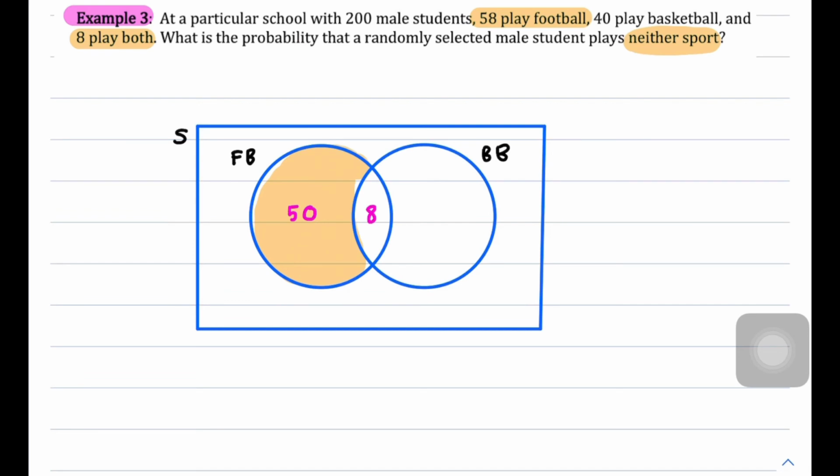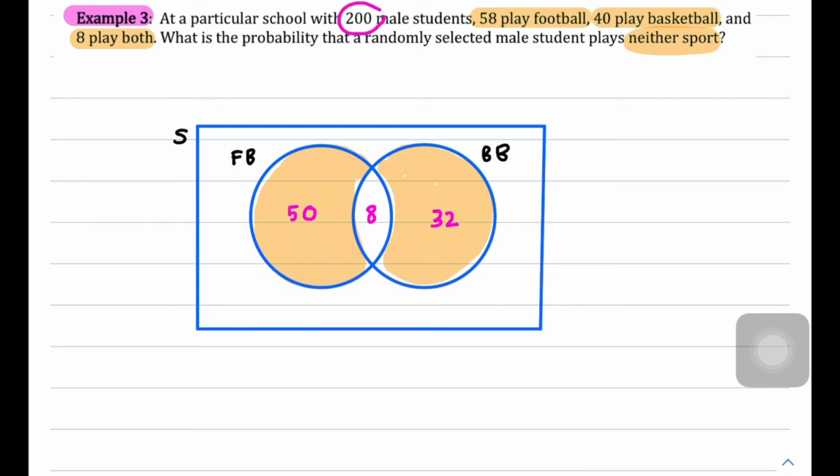Okay. And then you have 40 who play basketball. And how many of them play basketball only? You have 40 minus 8, which is 32. Okay. So the total is 200.